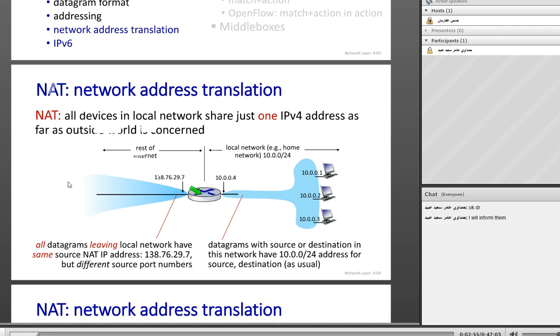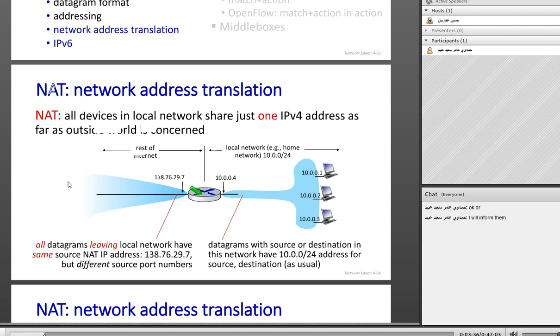This service will translate my invalid IP addresses into valid IPs. I need to change these invalid IP addresses into valid IP addresses, and NAT will do it.